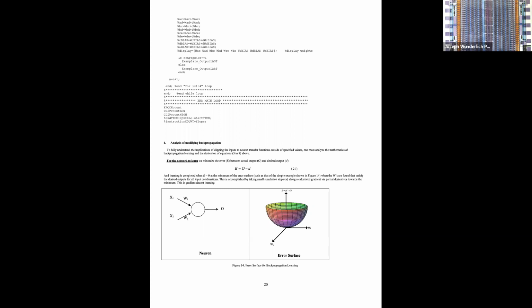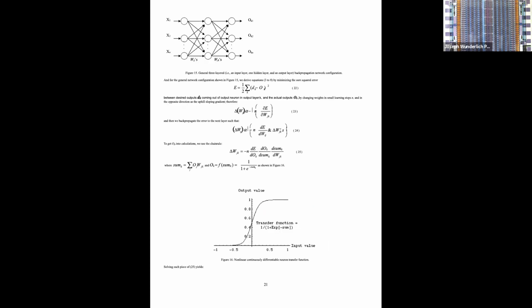And then we look at gradient descent learning, an analysis of what I'm tweaking here. I want to look at the learning, so look at the mathematics and the calculus. There's a derivation of that. You can see the minimizing of the sum squared error, the differences between the desired outputs and the actual outputs.